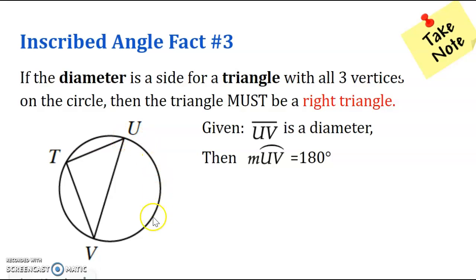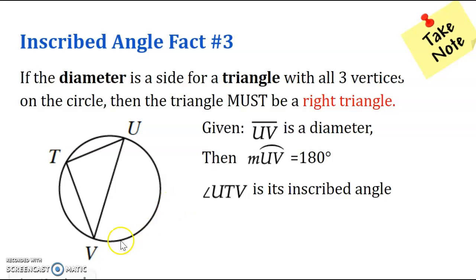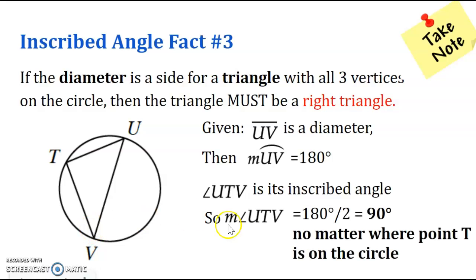And if this is 180 degrees, then angle UTV is half of the arc measure, and half of 180 degrees is 90 degrees, no matter where the point T is on the circle. So if angle UTV is 90 degrees no matter where T is, then it is always going to be a right triangle.